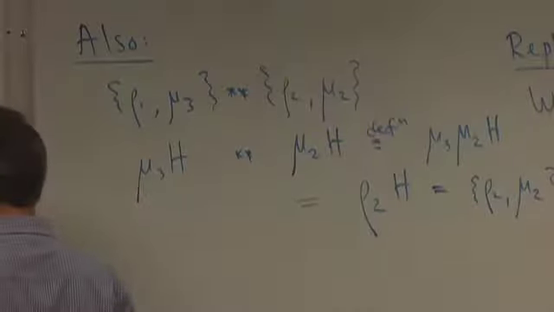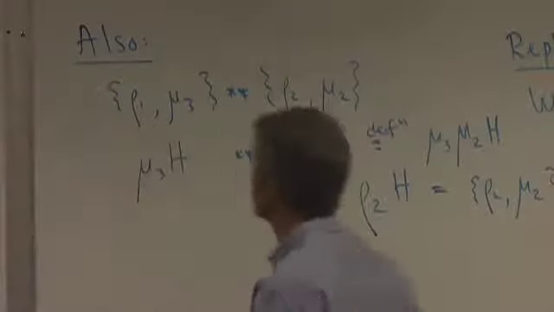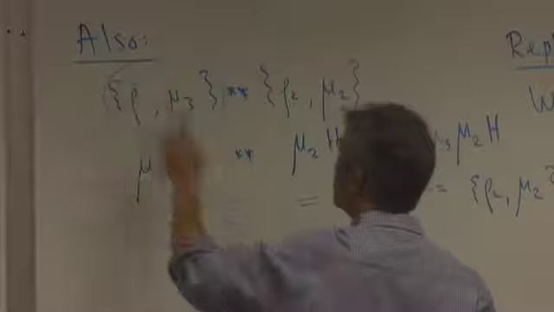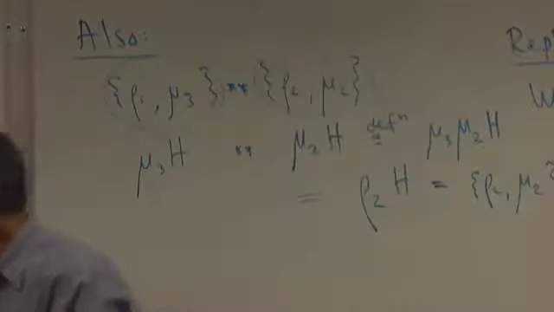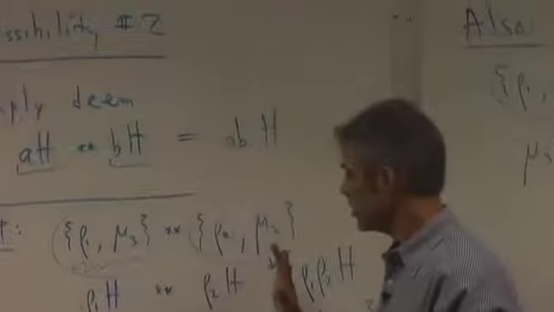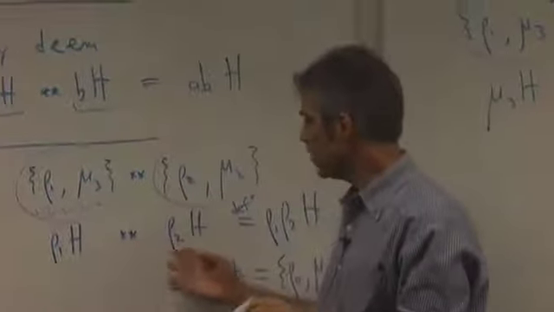So here's what we just did, folks. We took exactly the same two left cosets, rho 1 mu 3 and rho 2 mu 2. Here they are again. If we chose these particular names for those two cosets and ran them through this proposed binary operation, here's the coset that got kicked out.